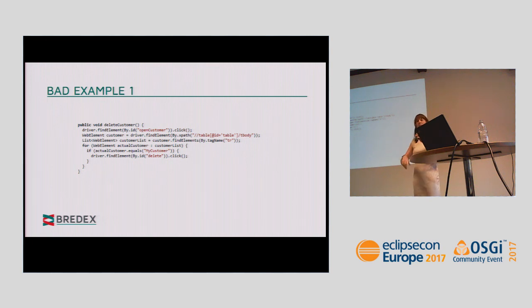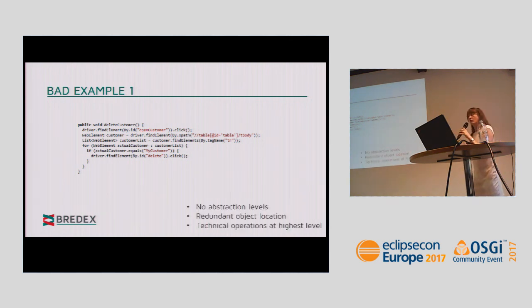Remember what I said at the beginning about one small change making me do a lot of work? These are the examples for that, if you do it badly. This is an awful example. We don't like it. It has no abstraction levels. We've got redundant object location, and it is a reasonably high level, but all of those operations are technical. This should be a technical keyword, or at least parts of it should be.